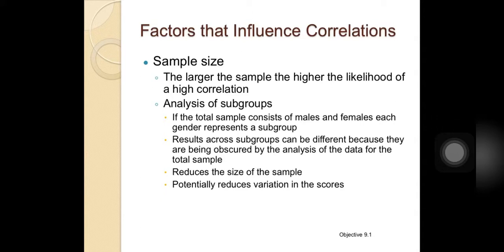If the total sample consists of males and females, each gender represents a subgroup. Results across subgroups can be different because they are being obscured by the analysis of the data for the total sample. Reducing the size of the sample potentially reduces variation in the scores.